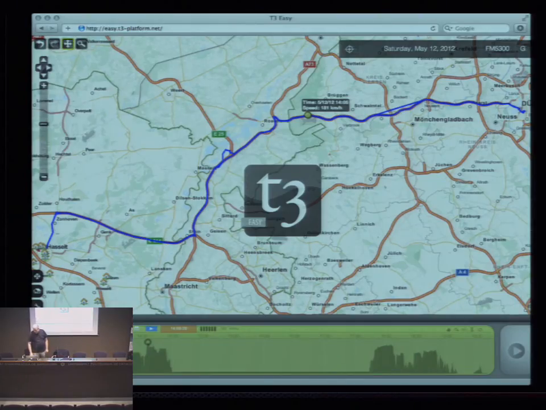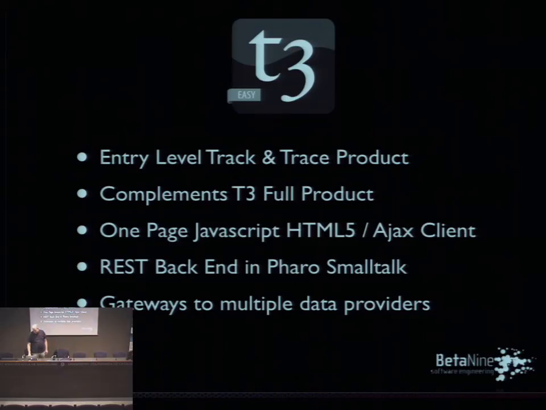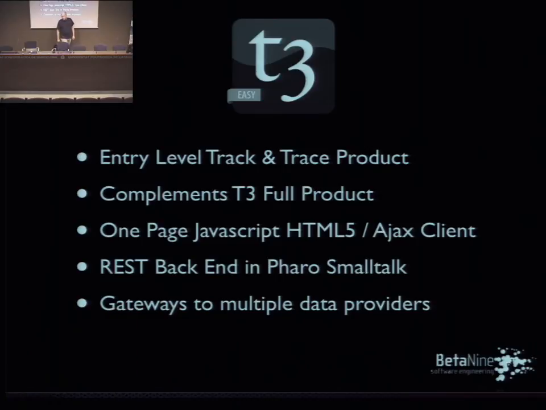And another thing that was implemented in Belgium is the T3 navigation system, which is a track and trace product for logistics, which is part of a bigger product. T3 is a huge solution in this space, and they made a small entrance product which is implemented as a web service, with JavaScript, HTML5 and Ajax on the client, and then a backend completely in Pharo.